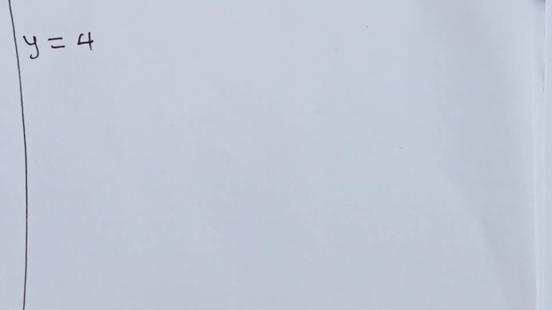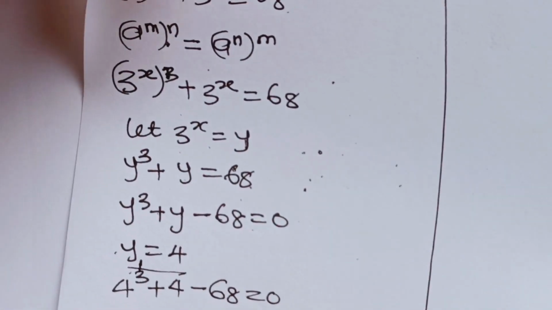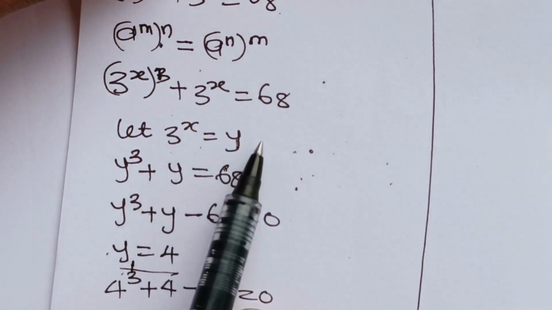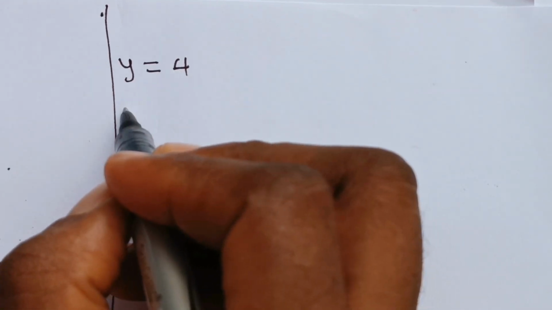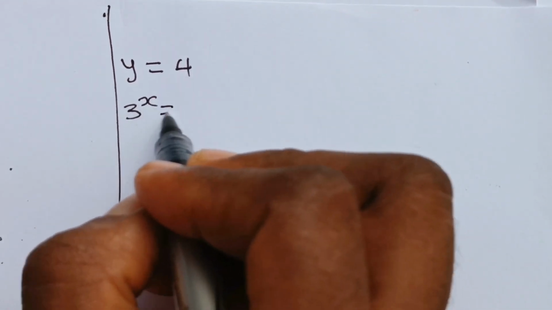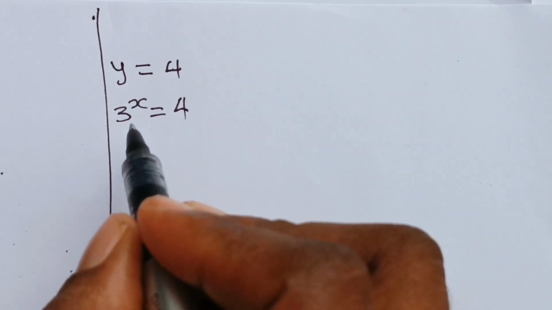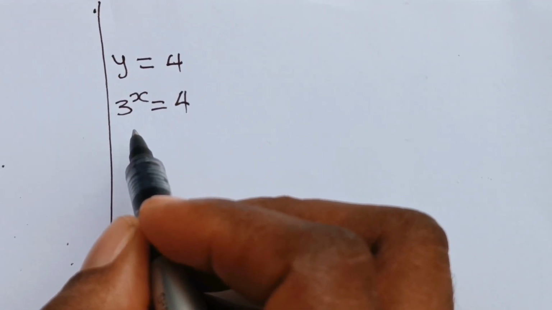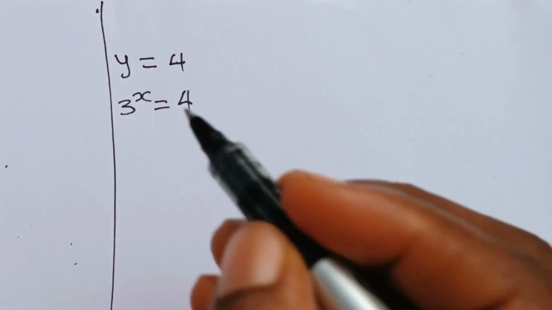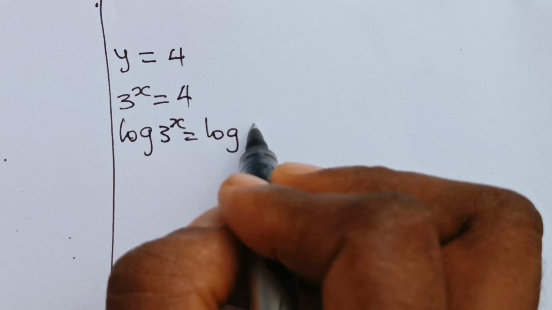Now also recollect where we said that 3 to the power of x is equal to y. So we can now rewrite this as 3 to the power of x is equal to 4, since our y is equal to 4. Now when you have this, the only thing you can do here is to introduce log. There is no other escape route. So we introduce log: log 3 to the power of x is equal to log 4.